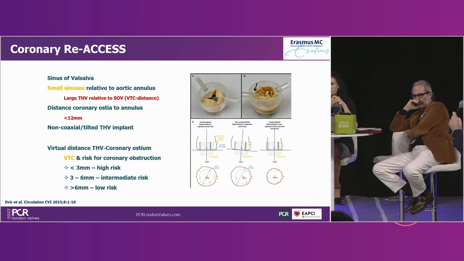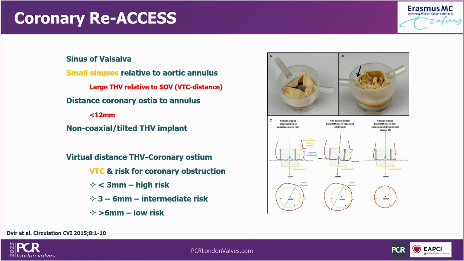I think the wider the sinuses again, the easier it will become to re-enter the coronaries and the lower the risk of coronary obstruction. And that brings me to the last topic, and that is what Fadi is going to discuss. That is commissural alignment.